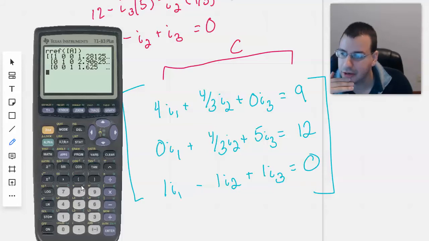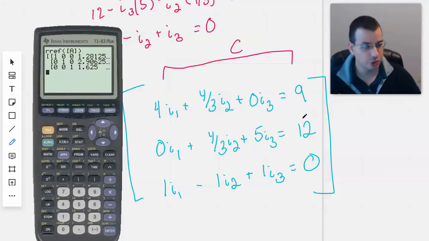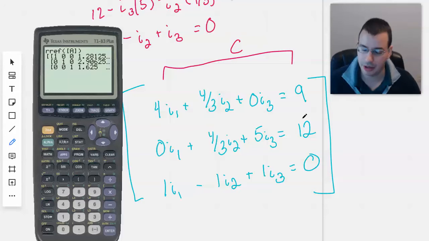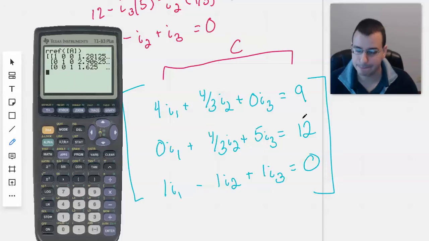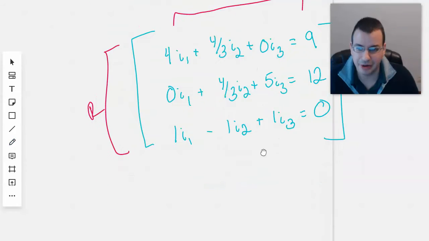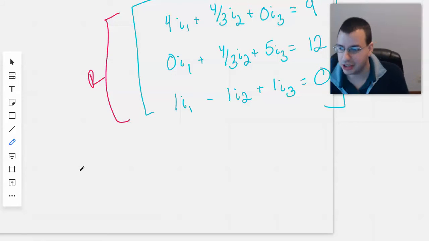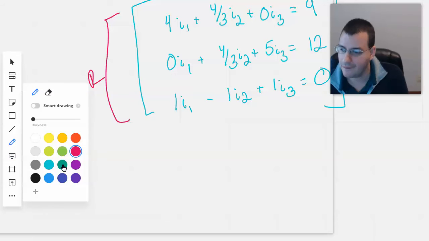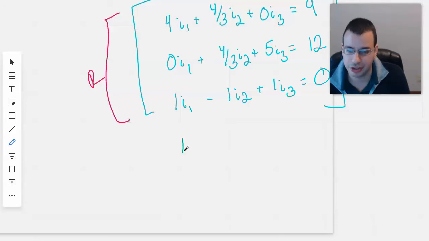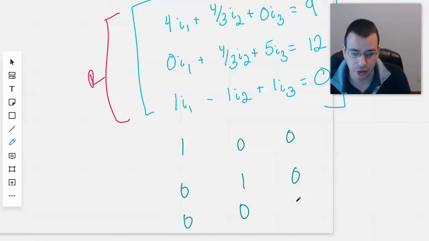What it does is the same math that you would do through substitution, reducing it down. It created an equivalent matrix for us, 1 0 0, 0 1 0, 0 0 1, where this is implied I1, implied I2.